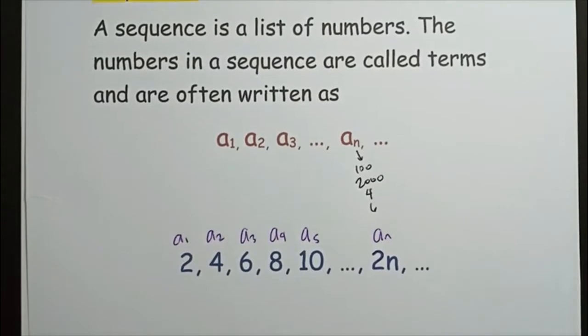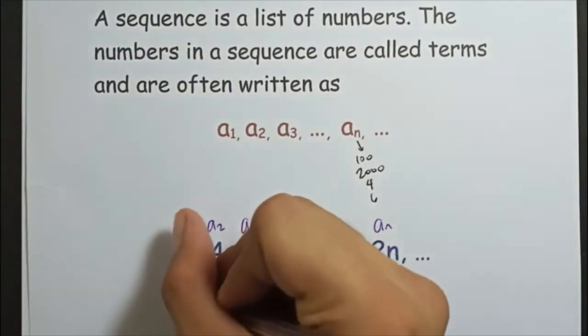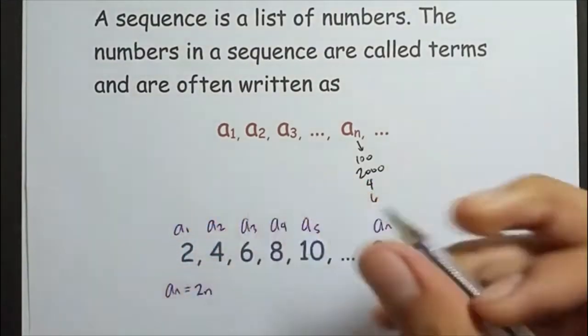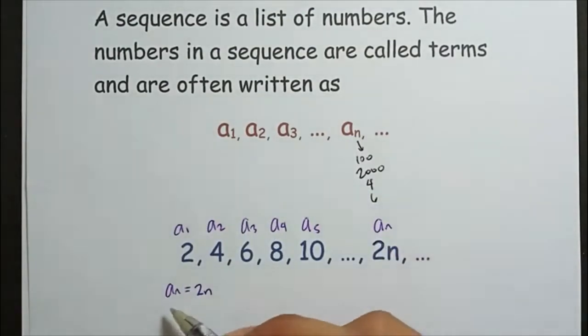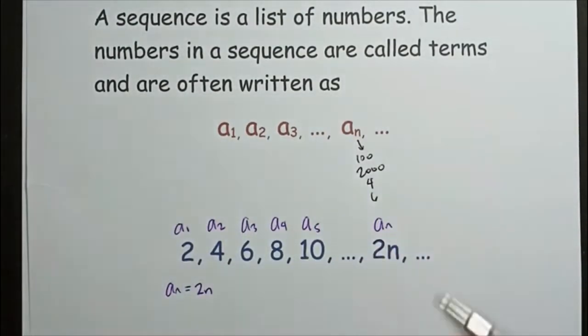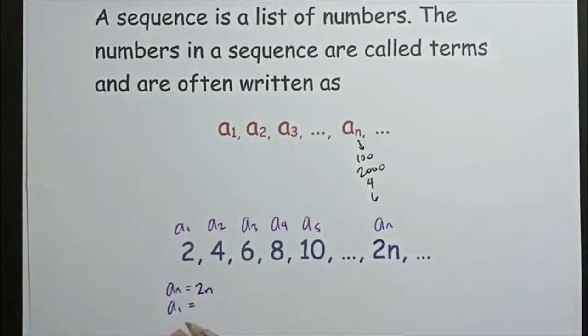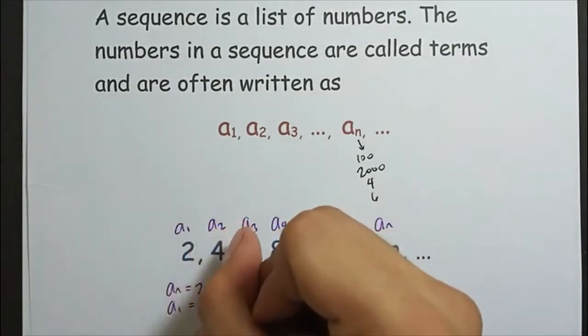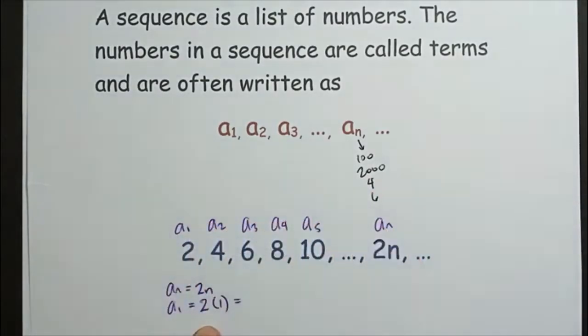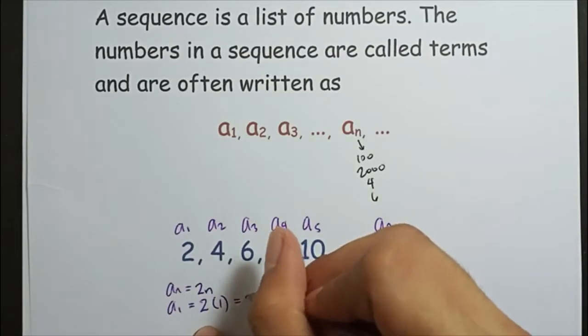So, papakita ko sa inyo, 2n. So, a sub n natin equals 2n. Diba? Then yung n natin can be any place in our term. So, let's try a sub 1. Kapag a sub 1 siya, yung n natin, syempre, magiging 1. So, magiging 2 times 1. Kapag 2 times 1 na siya, anong sagot? Edi 2. So, tama.